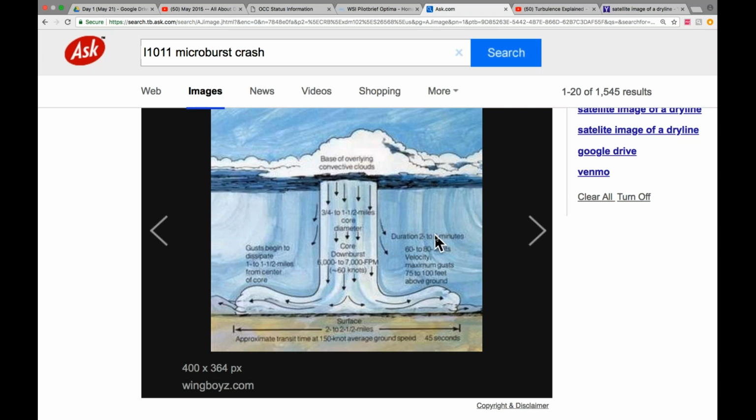So on the surface, it's only affecting about 2 to 2.5 miles. So what happens is these downdrafts or microbursts typically happen in aviation. We see them at the ends of the runway on the approach.